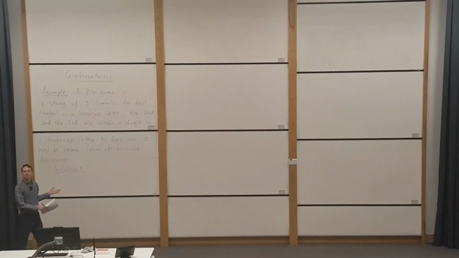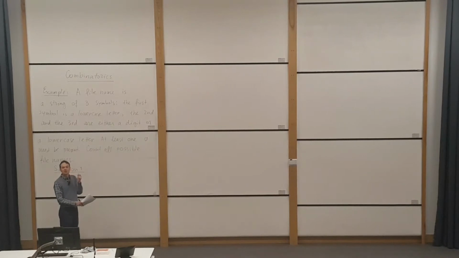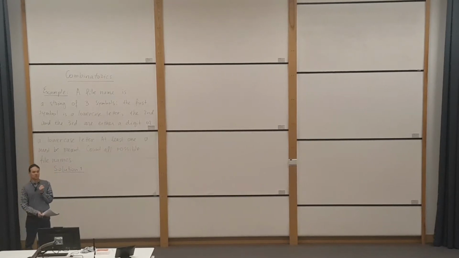The first is always a letter, second and third either a letter or a digit, and then there's an additional condition that at least one 0 must be present. That means that either you have exactly one 0 and it can appear either in the second or in the third position, or you have 2 zeros, and then they must occupy the second and the third, right? Because the first one must always be a letter.